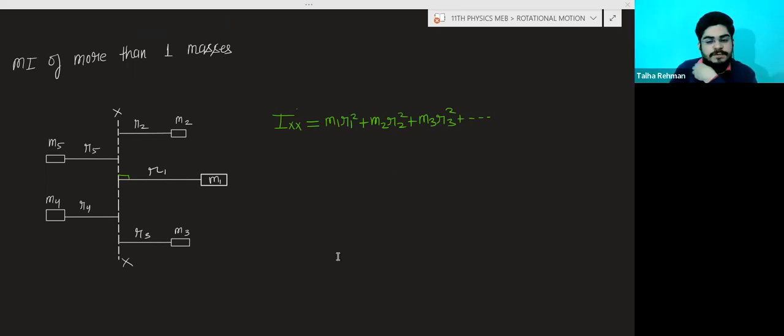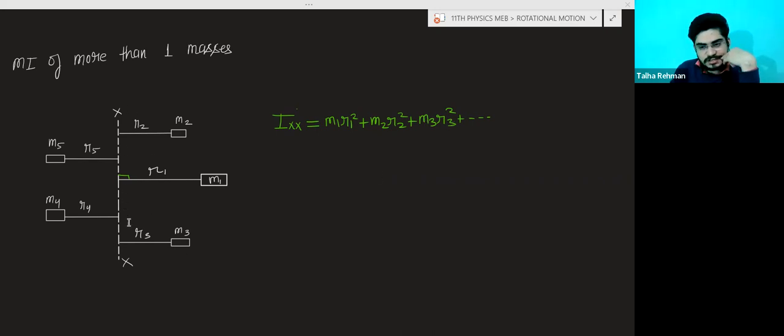If we have n number of masses and an axis is given, the moment of inertia about that axis will be m1 r1 square plus m2 r2 square plus m3 r3 square.